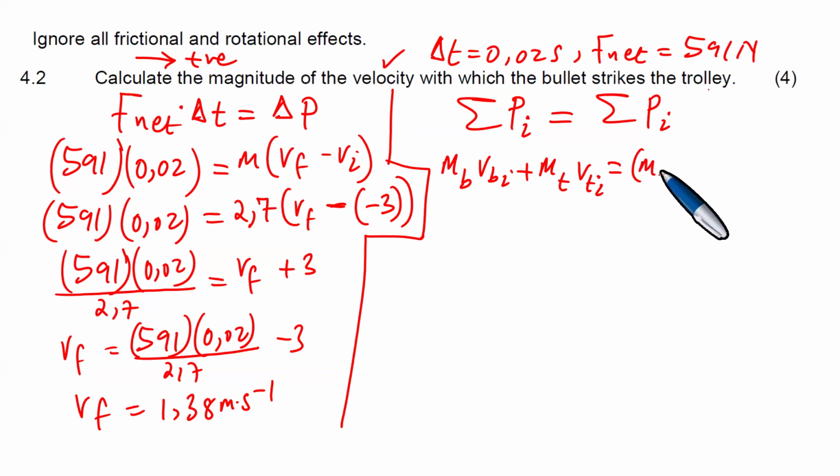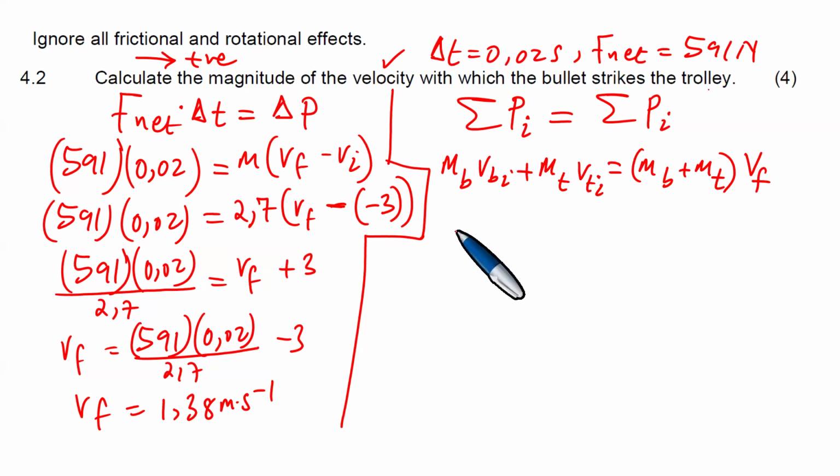So you have the mass of the bullet plus the mass of the trolley, because the bullet and the trolley after collision come together. When they come together, we add the masses of the two things, and therefore it becomes the final velocity of the whole system, the bullet-trolley system.